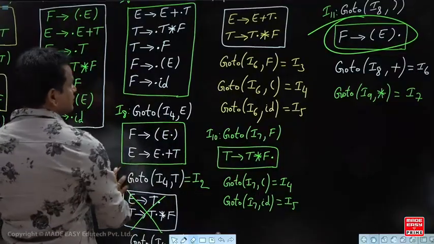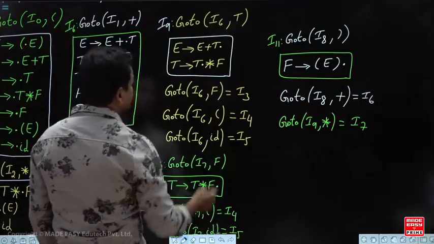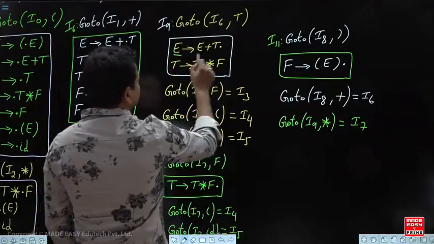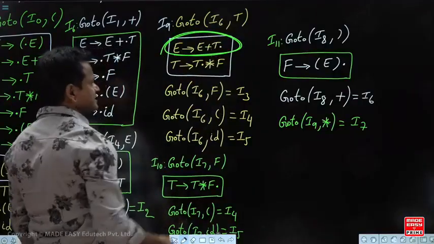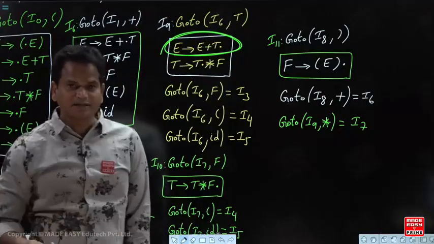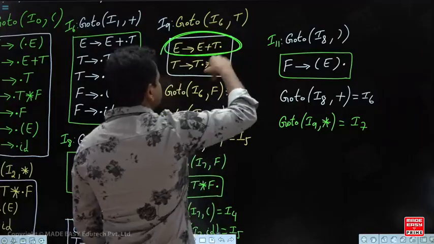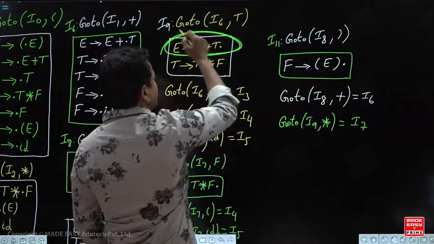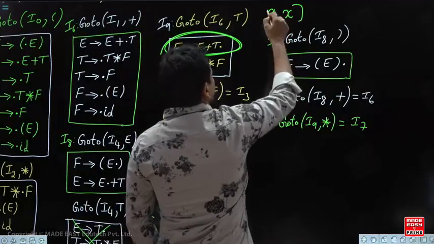I8 is done. Come to I9. Look at this first production. The dot has reached the end. Whenever the dot reaches the end, you must enter reduce. This production is in I9, so ninth row, xth column.